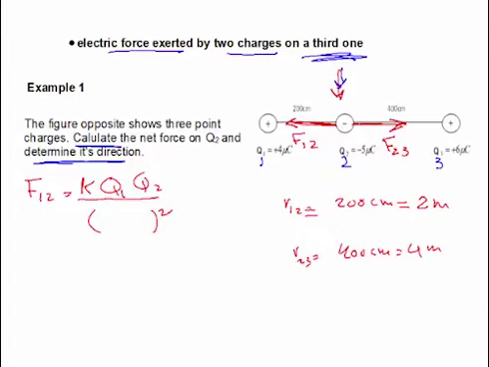Yes, and all your charges should be in the unit of what? Coulomb, and you have here microcoulombs. So when we are converting from microcoulomb to coulomb, we have to multiply by 10 to the minus 6.